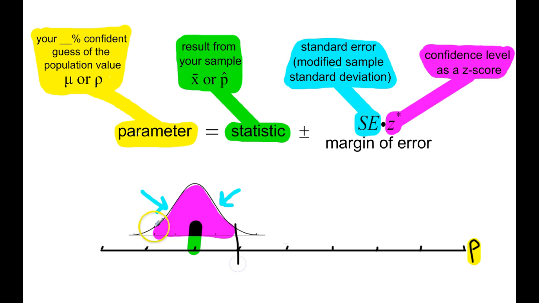So we draw that down to here, we draw that down to here, and now we have our best guess is within this range. 95% of the time we'll be right if we make a guess for the population proportion in that range.